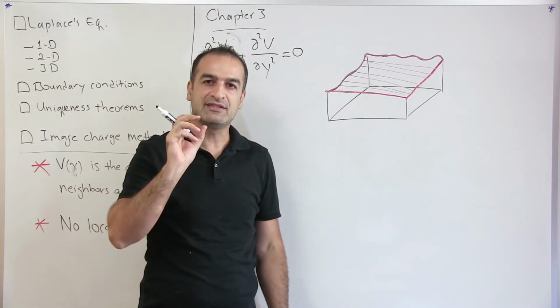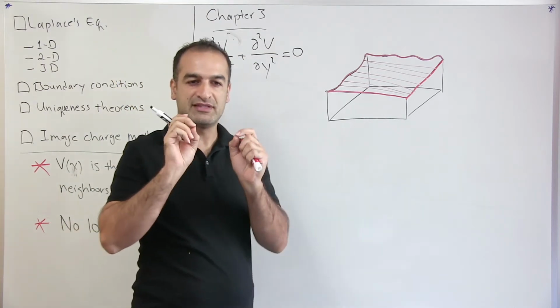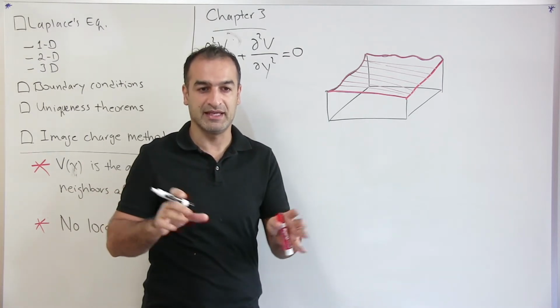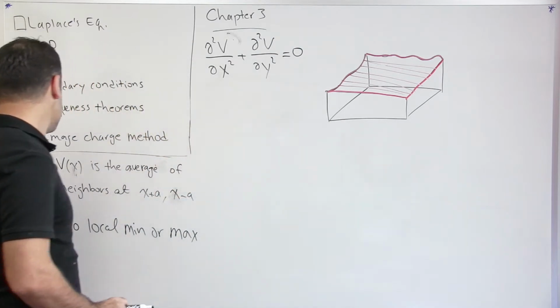So that's what you want to think of as the solution of Laplace's equation: the most simple featureless function that connects the boundaries. And if you follow this, again, you will have these two features.